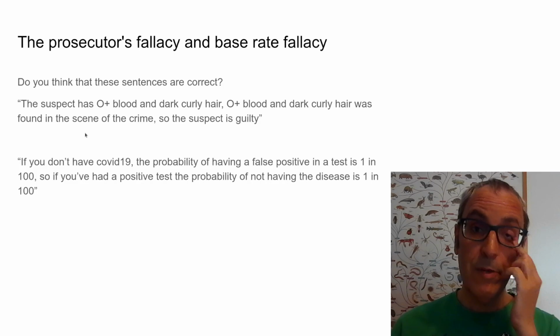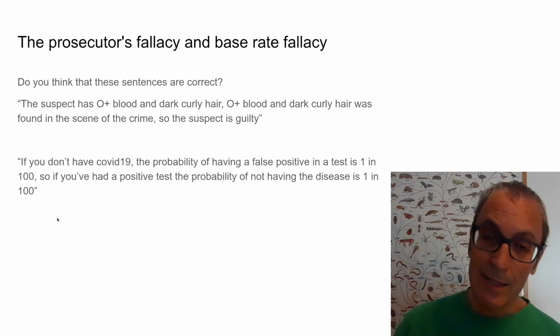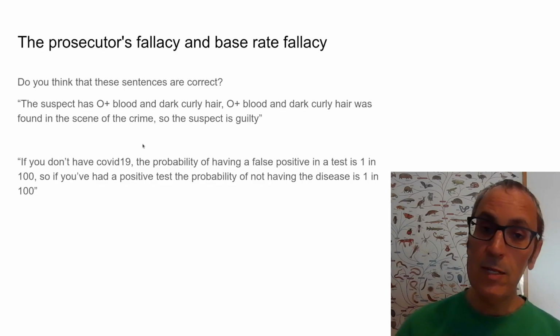Another example of the same kind of fallacy: if you don't have COVID-19, the probability of having a false positive in a test is 1 in 100. So if you have had a positive test, the probability of not having the disease is 1 in 100. If you think that this is true, you are committing what is called the base rate fallacy.